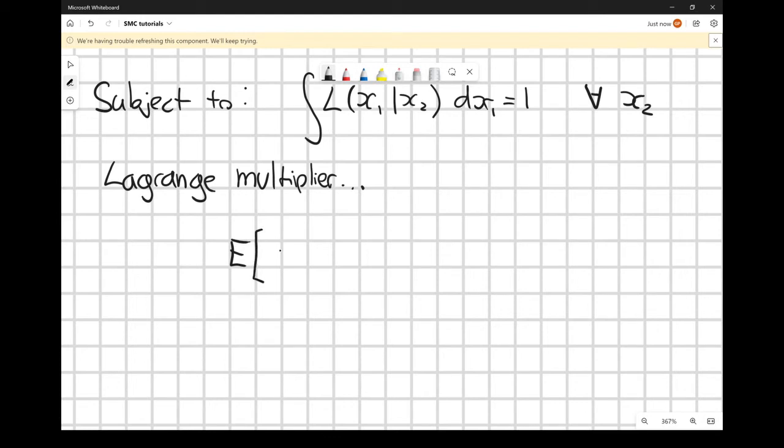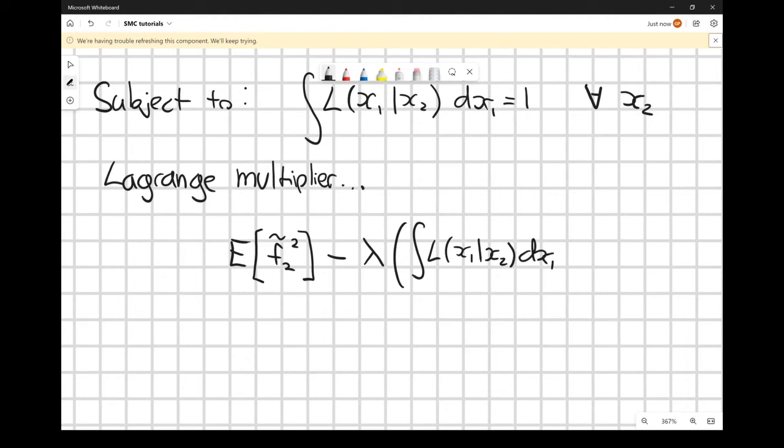So it's the square of our estimate at iteration 2 minus a constant multiplied by the constraint that we've given, which we've got just in the equation above. That is the constraint that when integrated over x1, our L-kernel is equal to 1.